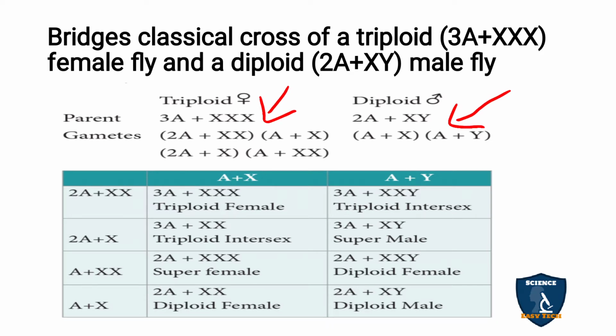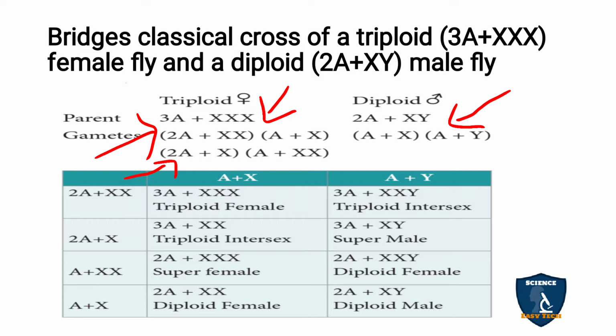Gamete formation in the triploid female has two types: the first type is 2A plus XX, and another type is A plus X. The other is 2A plus X plus X, that is, A plus double X. These are the two types of gametes from the triploid female parent.